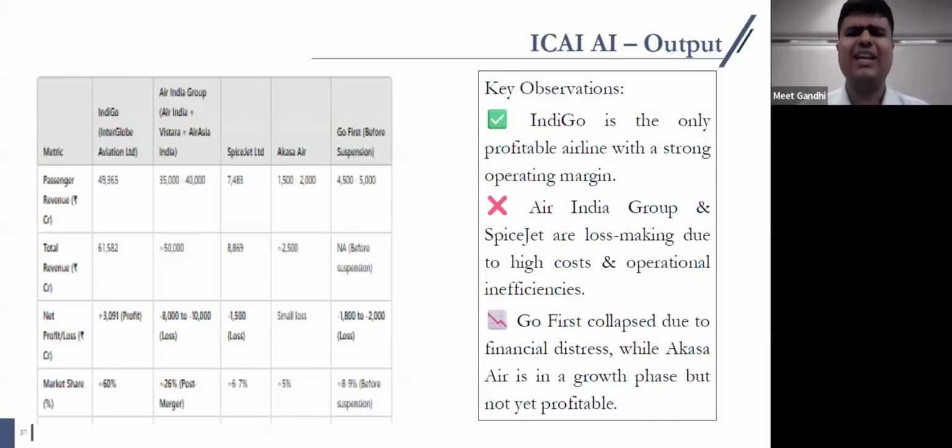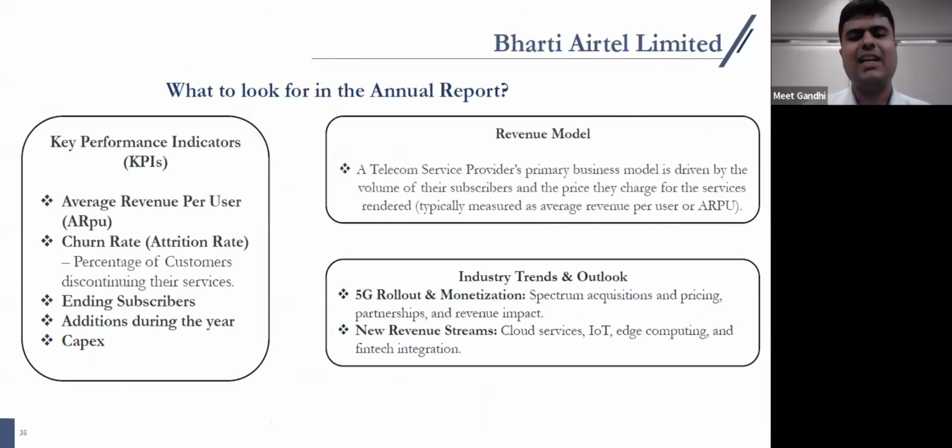So next we go on to Bharti Airtel, where we talk about the telecom industry. What are the key performance indicators in the telecom industry? As we had seen in the key ratio slide, the telecom industry is measured by the ARPU, which is the average revenue per user, derived by dividing the total revenue by the total number of users. The churn rate is the attrition rate of customers, like how many customers a telecom company is losing in a year.